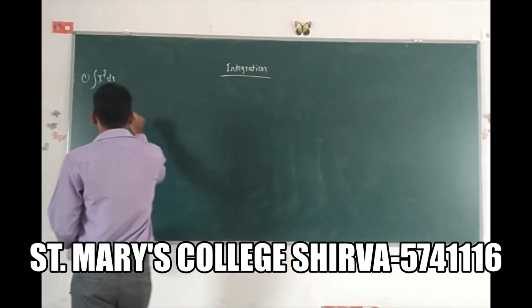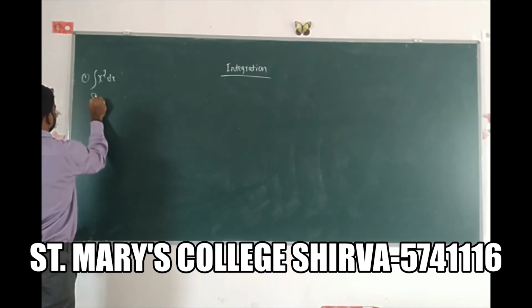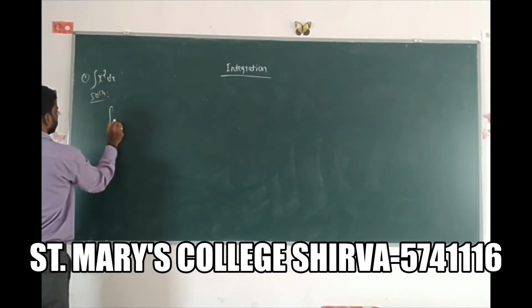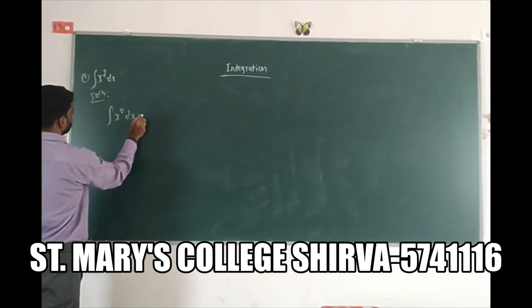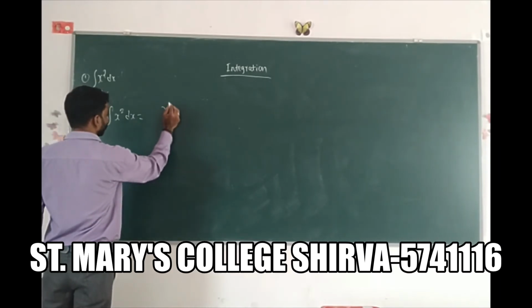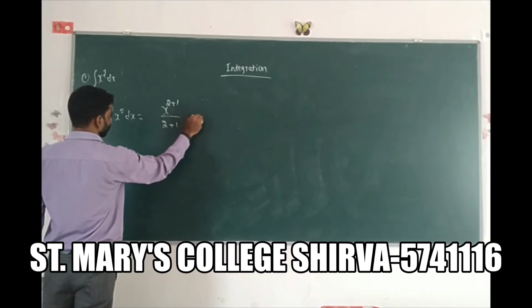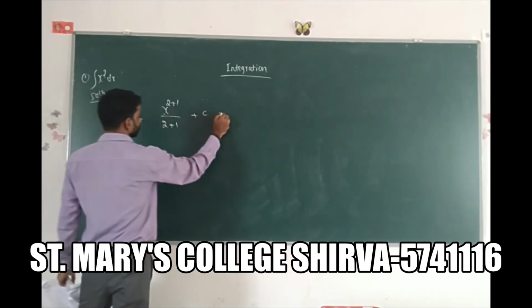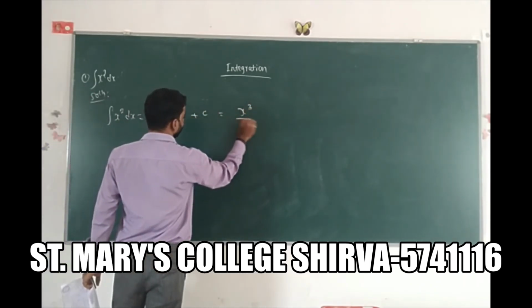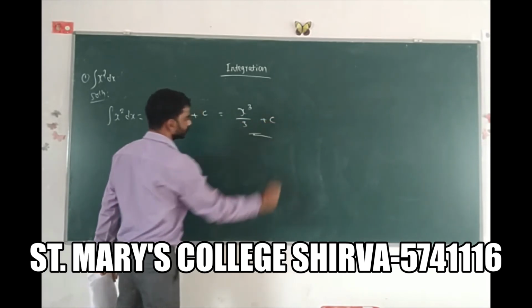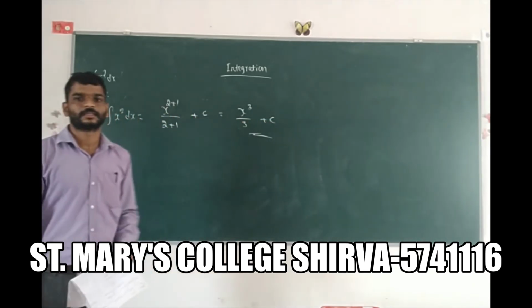Integration of x square dx is x power 2 plus 1 by 2 plus 1 plus c. So the answer is x cube by 3 plus c. Write that plus c, which is a constant term.